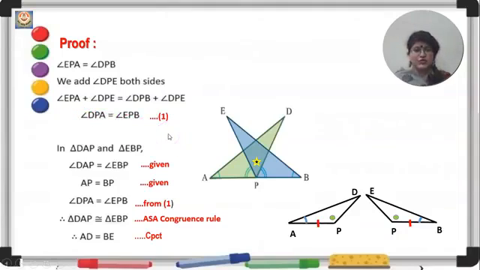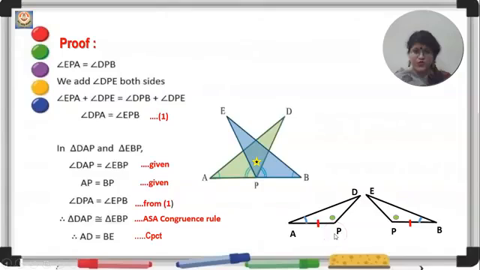Now, take the two triangles, that is triangle DPA and triangle EPB. You could also name the triangle like this. Write down the indications that have been shown to you. Angle DAP is congruent to angle EBP because it is given. They have given this angle is congruent to this, that is this congruent to this angle. So AP congruent to BP. Why? Because it is given.